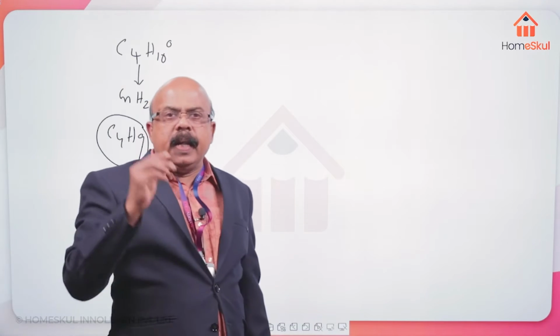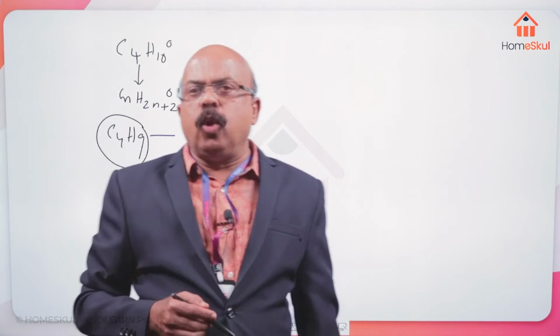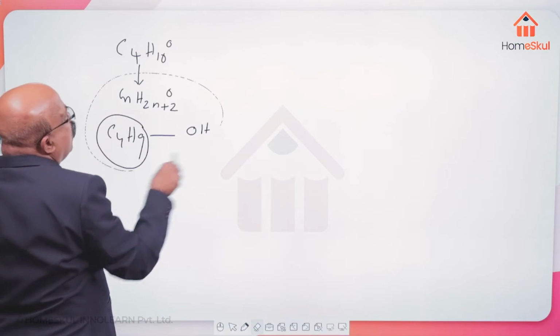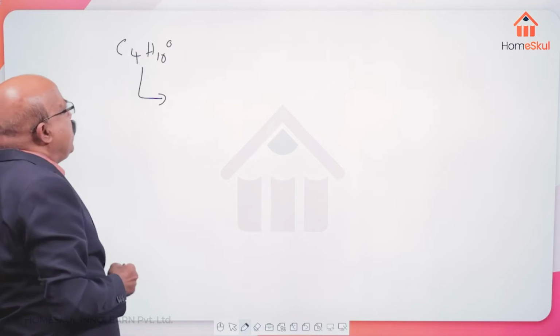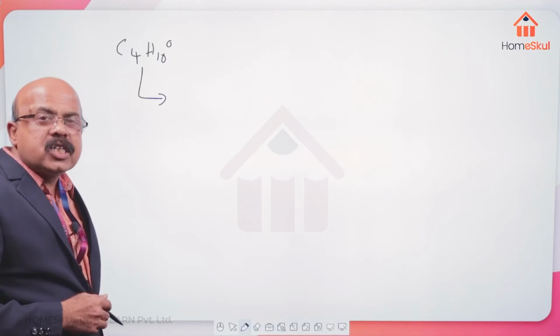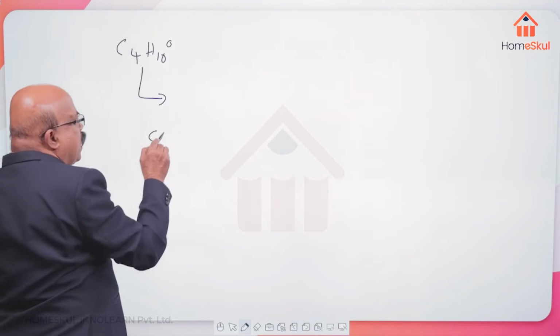The butyl group may be n-butyl, secondary butyl, isobutyl, or tertiary butyl. Among the various alcohols that can be obtained from C4H10O, only a tertiary alcohol reacts very readily with the Lucas reagent. So it should be a tertiary alcohol.